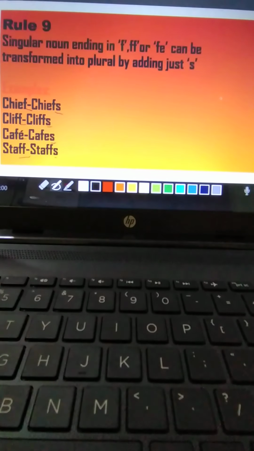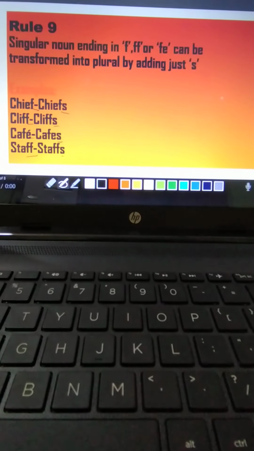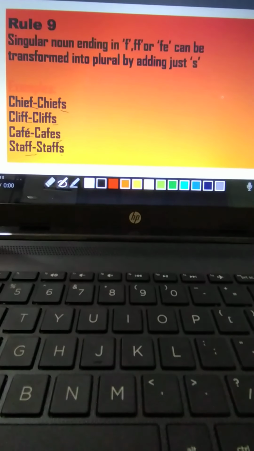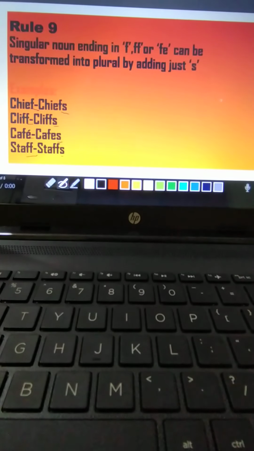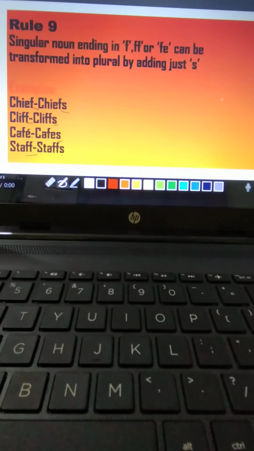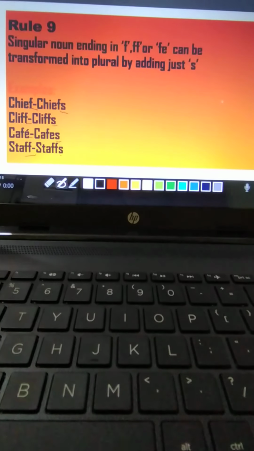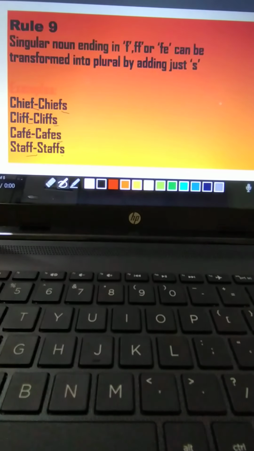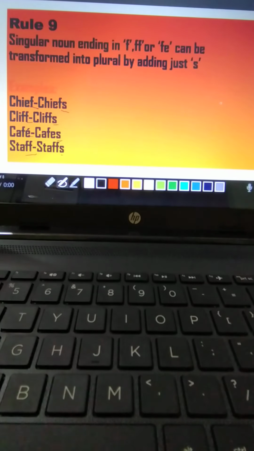Next, rule number 9. Over here students, what is to be done is just add s to the word. Which words? The words ending with f, double f or fe. So look over here in the examples. Chief, ending with f, you just need to add s to the word.